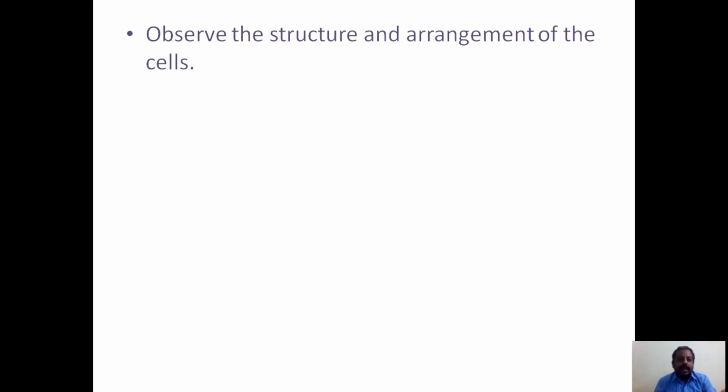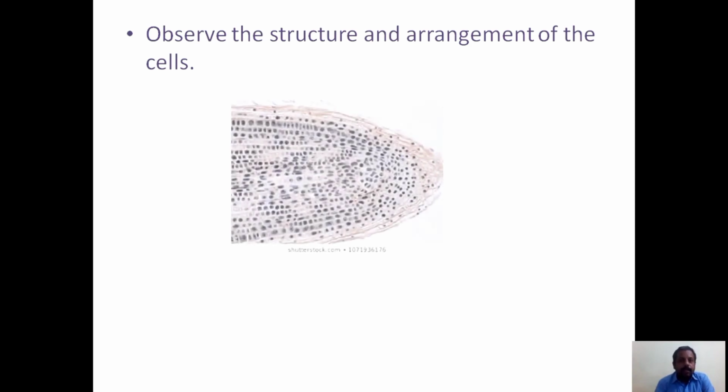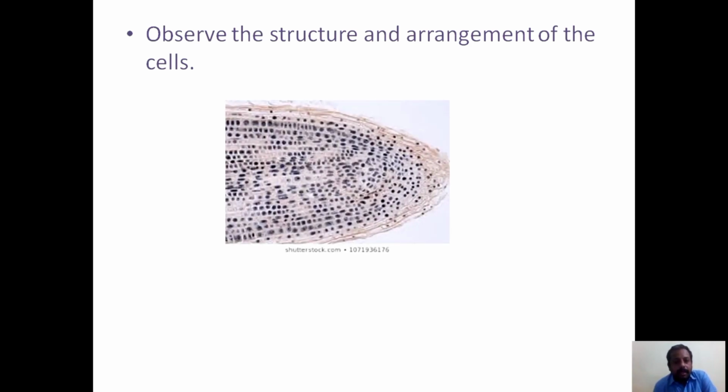Afterwards you observe clearly under the microscope. When you observe it, you can see the arrangement of the cells like this. So this is what the topic is all about.